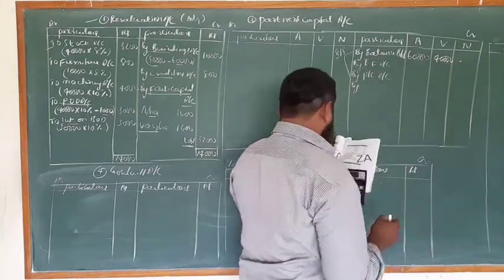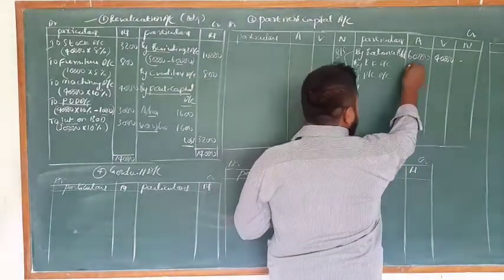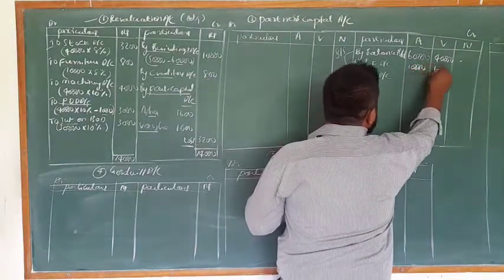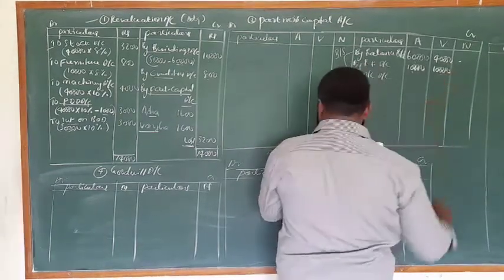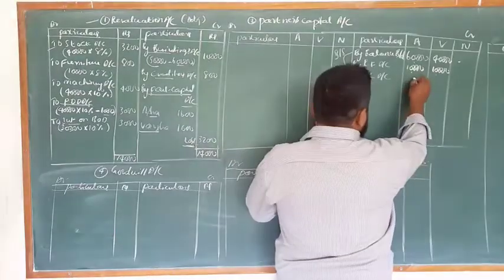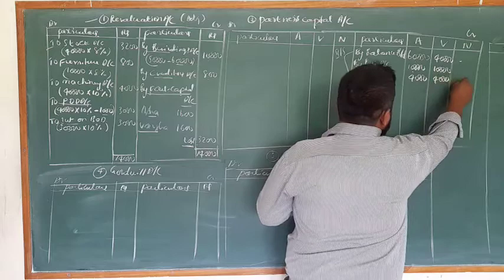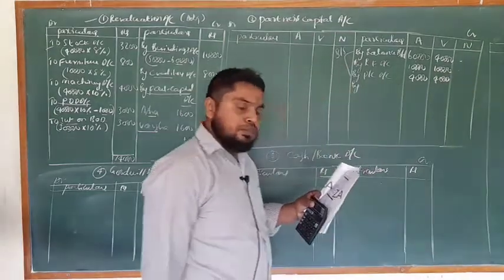Next, the reserve fund, which he has given as 20,000. If you share equally, 10,000 each partner. Next, the profit and loss account, 8,000. If you share equally, each partner gets 4,000 here.